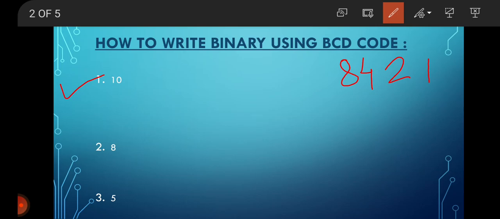If we add this 8 and this 2, then we get decimal 10. Therefore put 8 as 1 and this 2 as 1, remaining 4 as 0 and 1 as 0. Therefore this is 1010 binary corresponding to decimal 10.